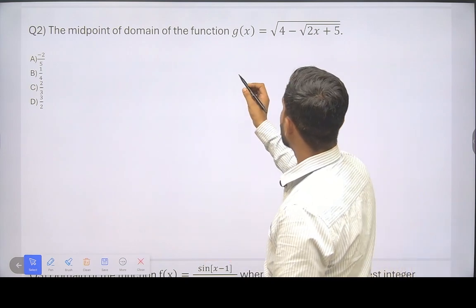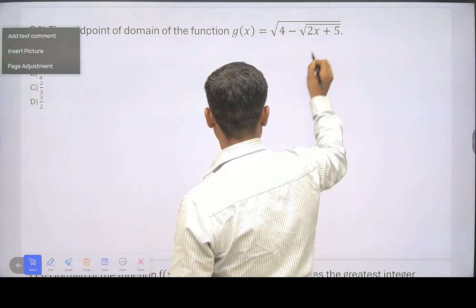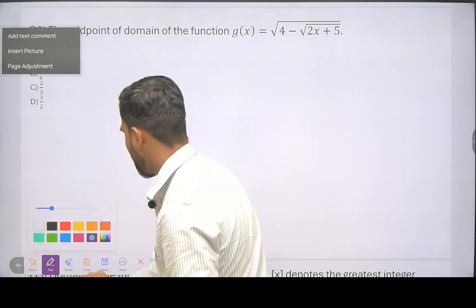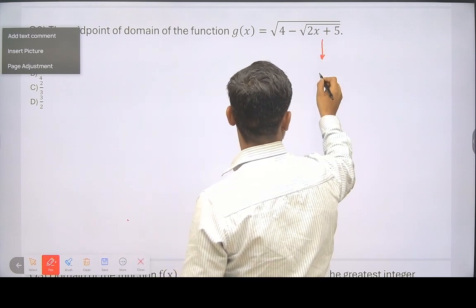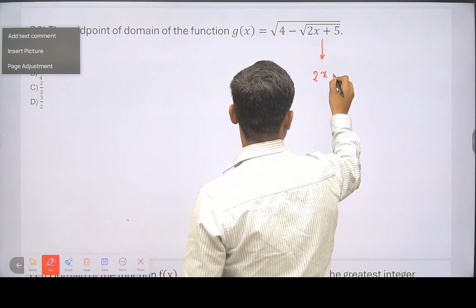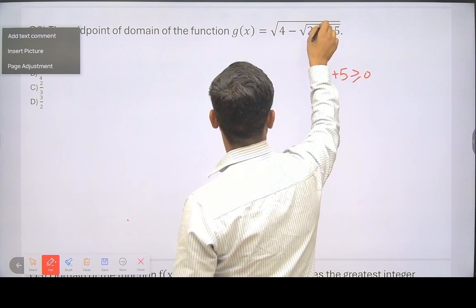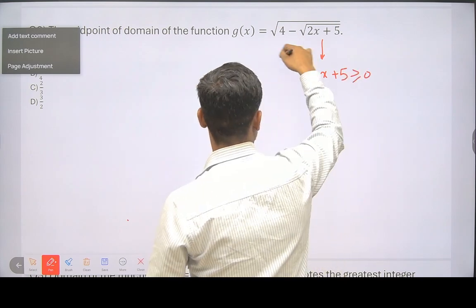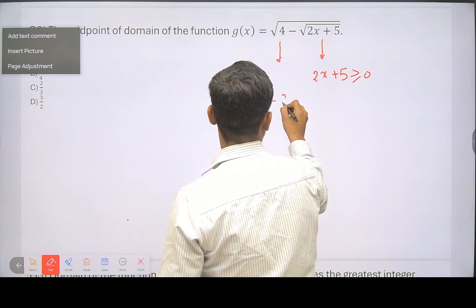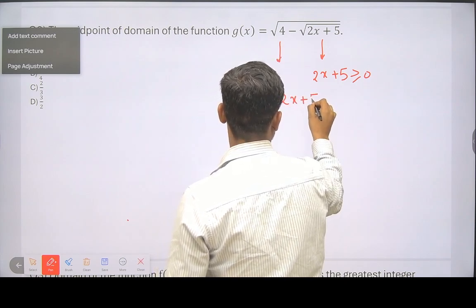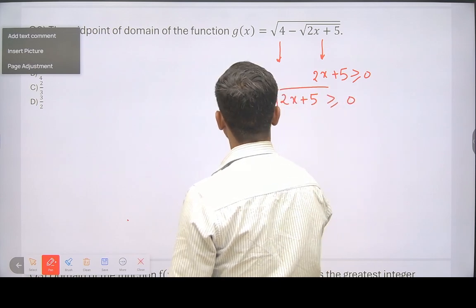What we can do? See, we have got two square roots, right? The first one, from this you can have 2x plus 5 greater than or equal to 0. And if you consider the whole square root, we get 4 minus under root 2x plus 5, inside the square root, greater than or equal to 0, right?